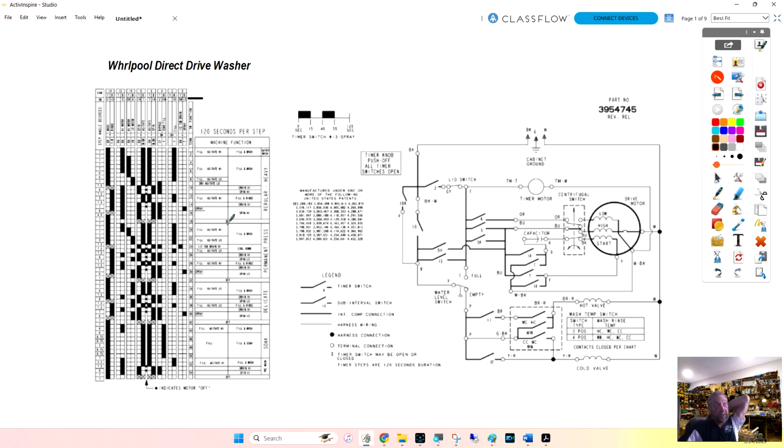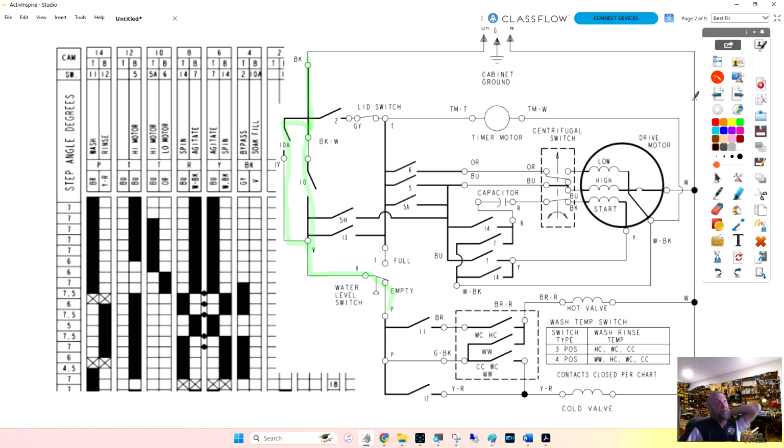I know you can't really see it in this image, but those are the timer switch numbers. If you see there are two switches in one cam, and I drew that for you a little bit at the end. Horizontally, this whole row is one increment.